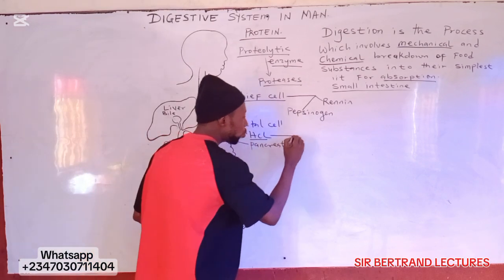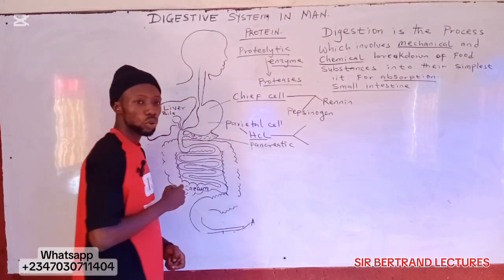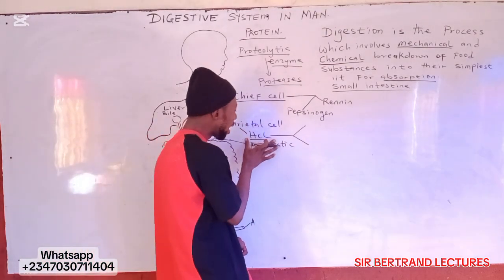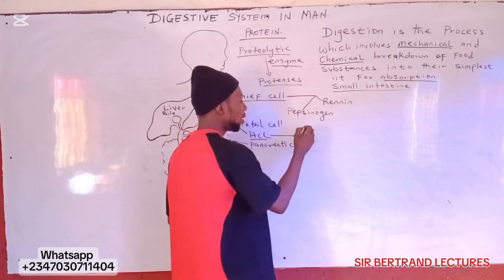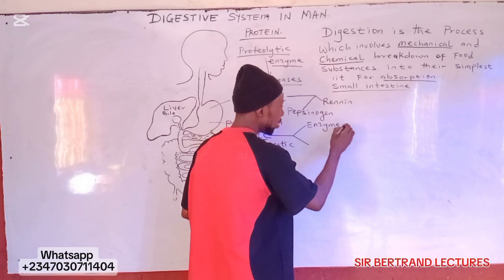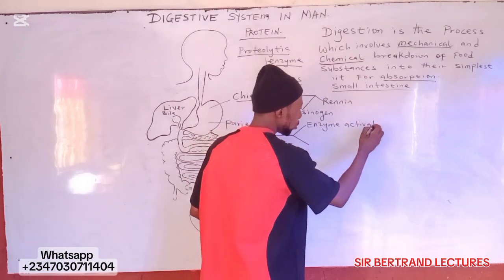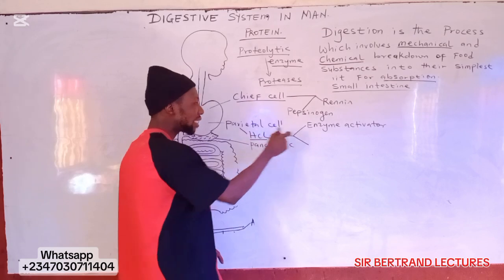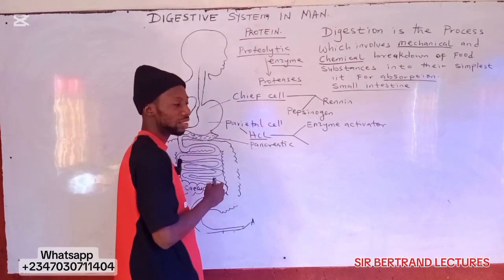Now, what is the role of this hydrochloric acid in the stomach? The hydrochloric acid here is known as the enzyme activator. It is the enzyme activator that activates pepsinogen.